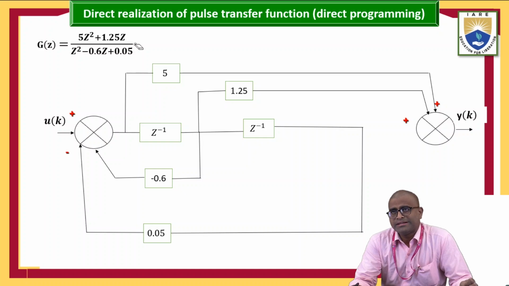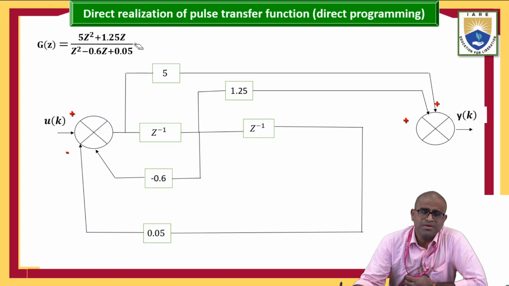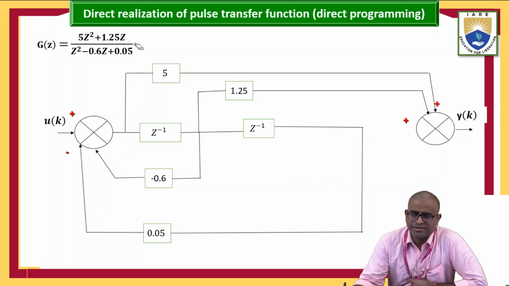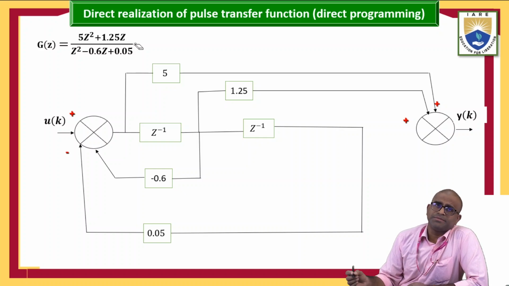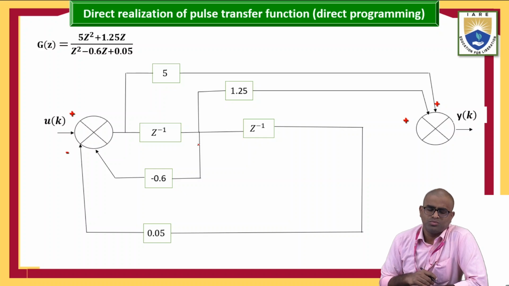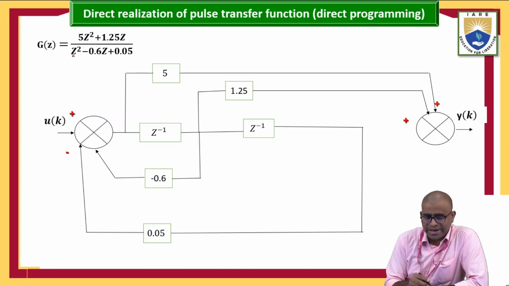First of all, what is the order of the system? You have to identify. The order is 2. The highest power of z is z square. That's why the order is 2. For 2 orders, z power of minus 1 terms are 2. After that, see z square.